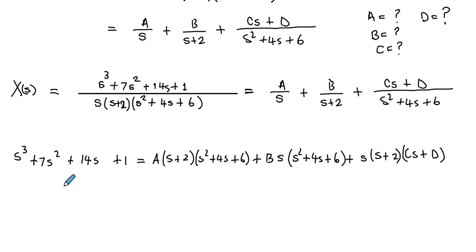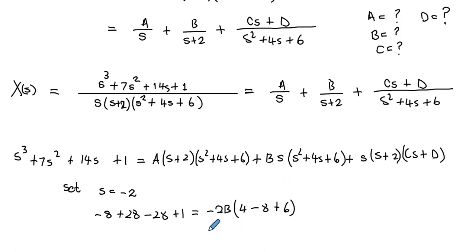So first of all, let's set s equal to minus 2. If you set s equal to minus 2, you can see that there we're going to get a 0 and there a 0, meaning these two terms are going to vanish, and then we're going to be left with this term and the left hand side, which in this case is going to give us, on the right hand side, minus 4b equals minus 7 there.